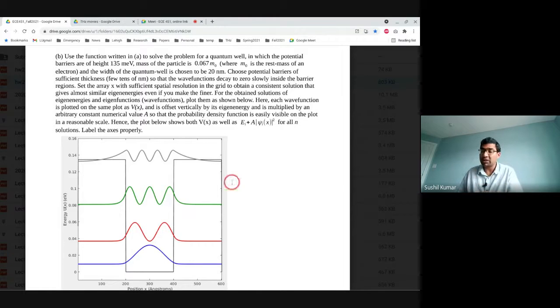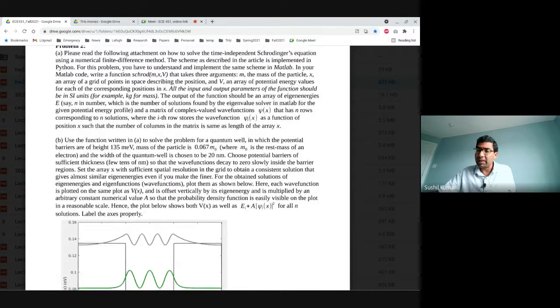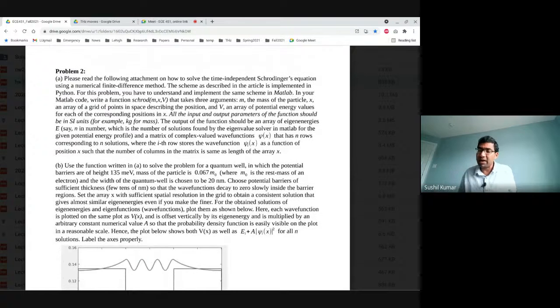But the actual magnitude on this scale doesn't make sense. First of all, the wave function magnitude squared does not have the unit of energy. So we are just plotting them on top of this potential energy diagram to be able to visualize.